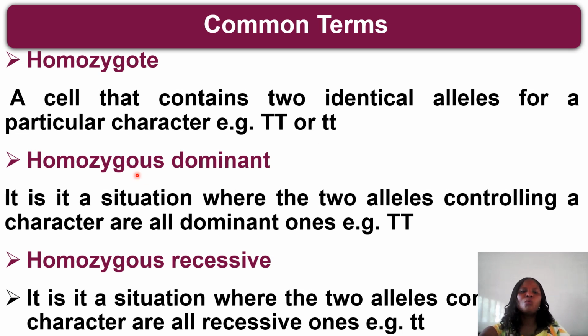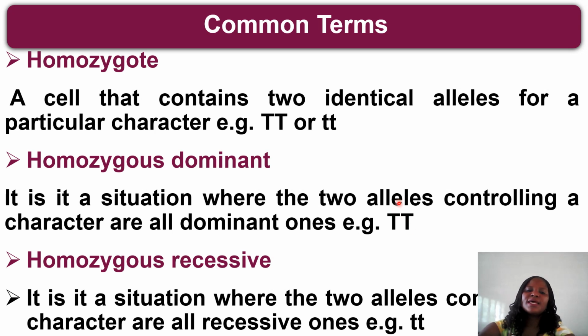But we have homozygous dominant. When we talk about homozygous dominant, we can say that it's a situation where the two alleles controlling a character are all dominant. So we can use examples. We are using the height in plants. So capital T represents a homozygote dominant. That means the alleles look the same.